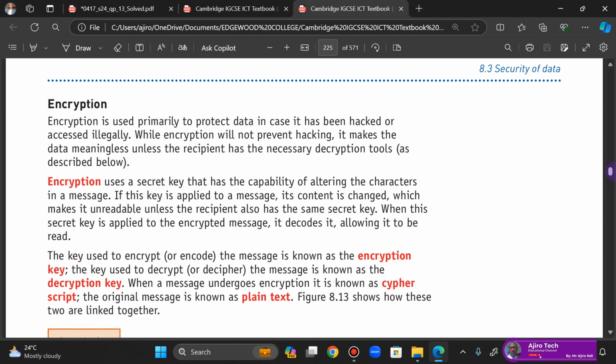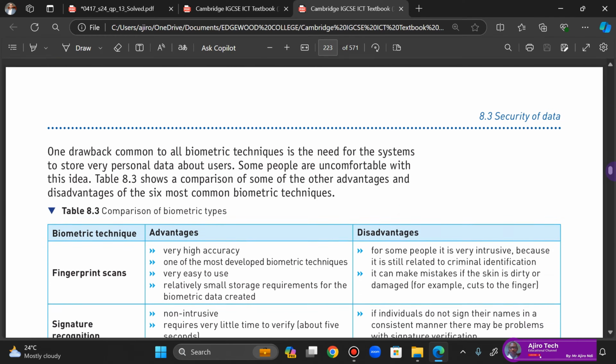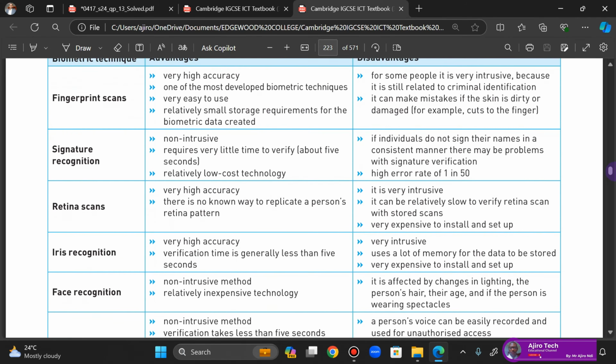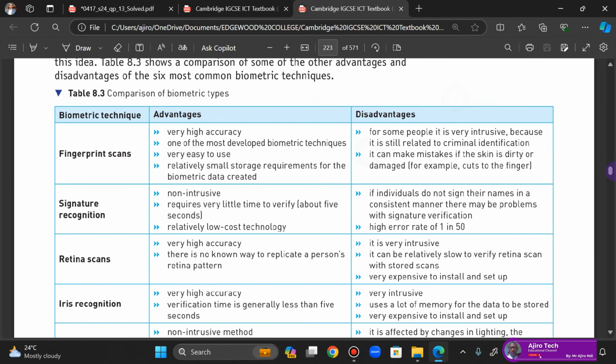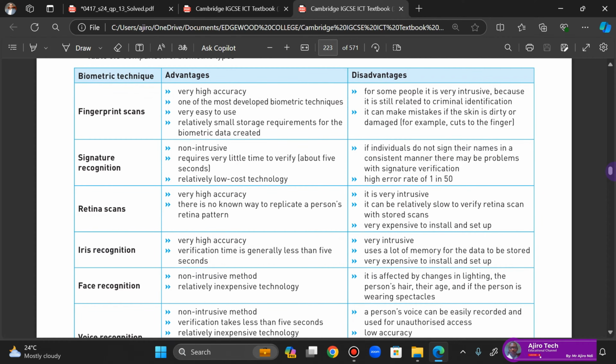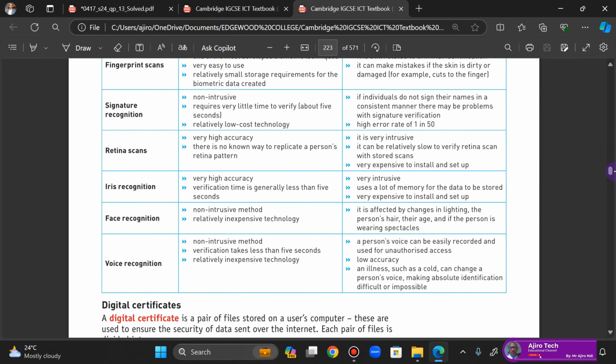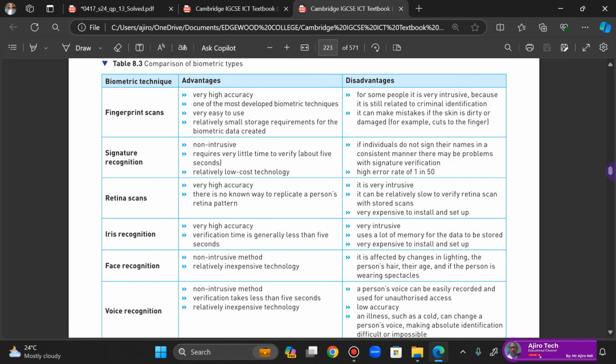Protection of data using biometrics. Good, right here. So we have them here: fingerprint scan, signature recognition, retina scan, iris recognition, face recognition, voice recognition. So all these are your biometric techniques.